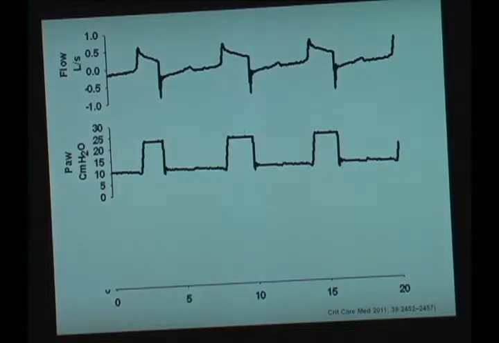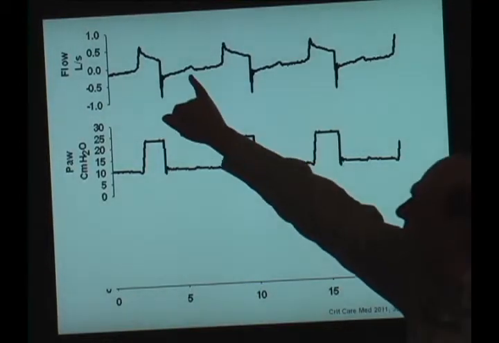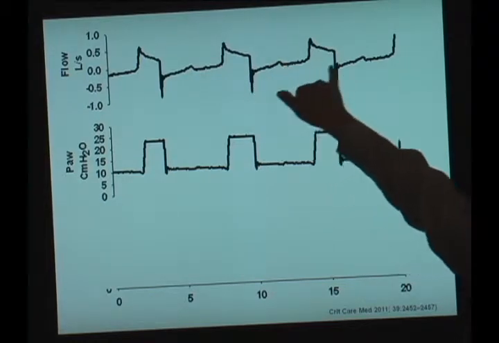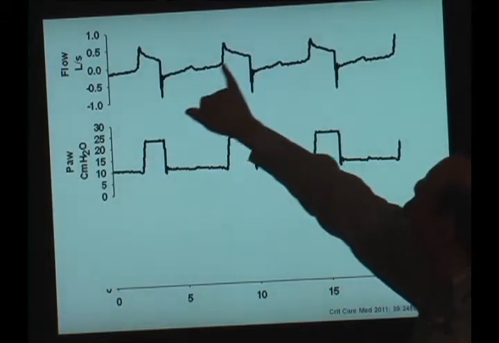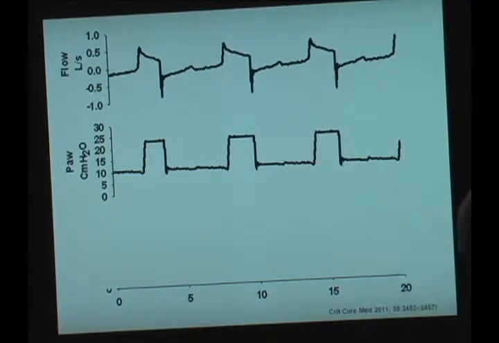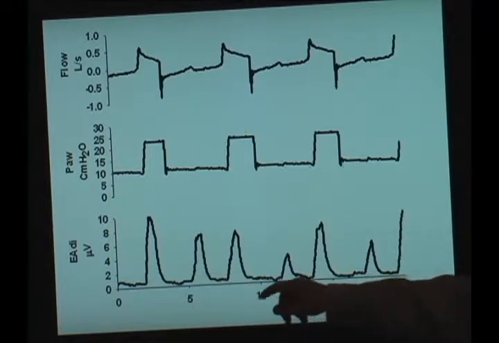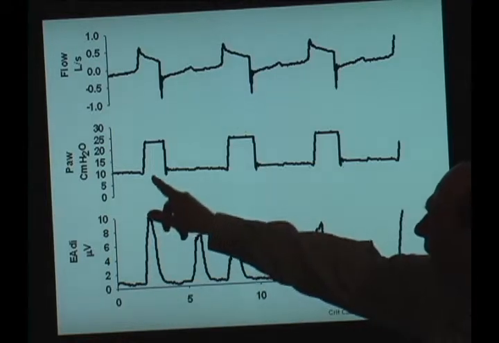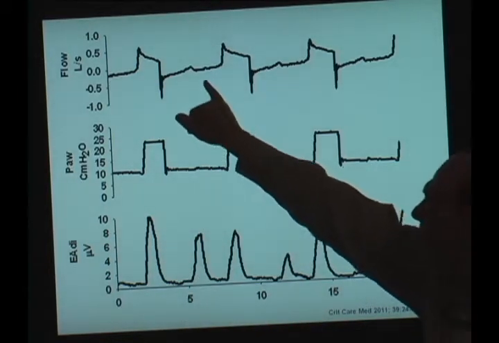Another curve. In this case, you can see that there is just a little difference during this expiratory phase, a little shape change here, and if we look at the electrical activity, we can realize that these are properly triggered, but the other ones are ineffective efforts.